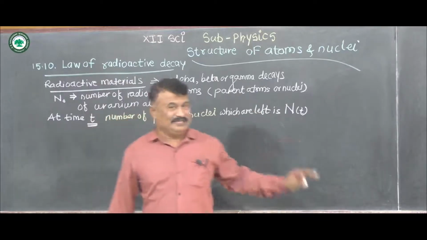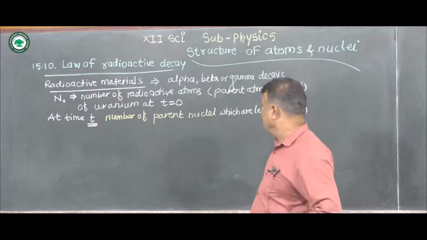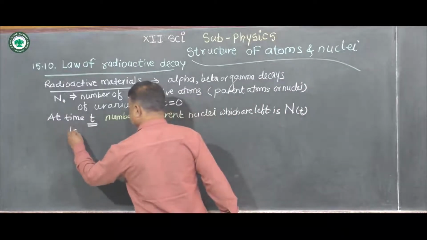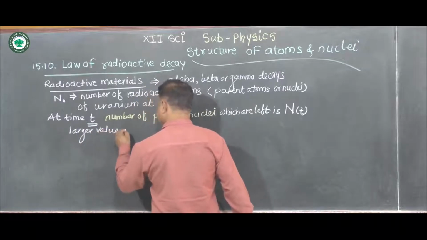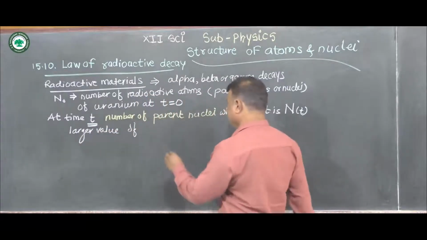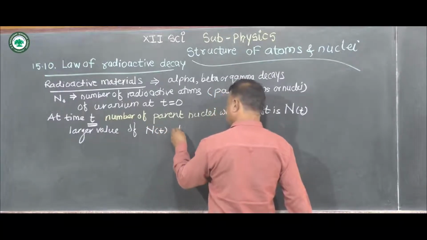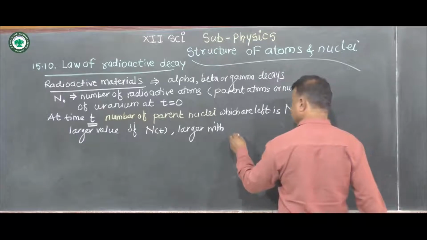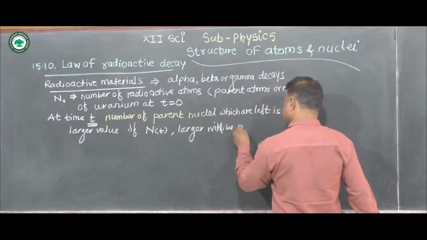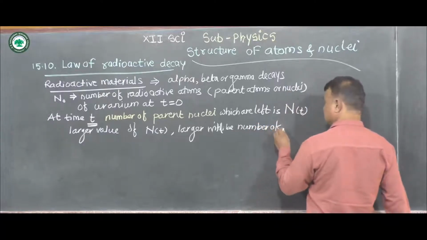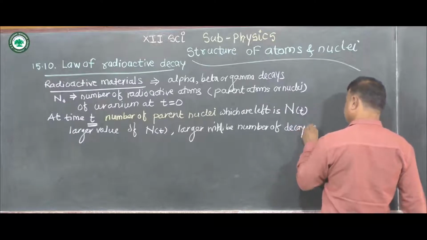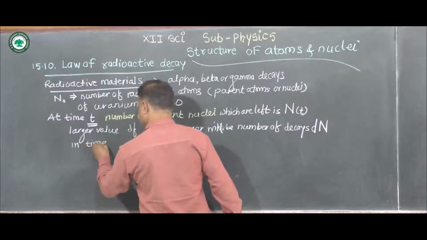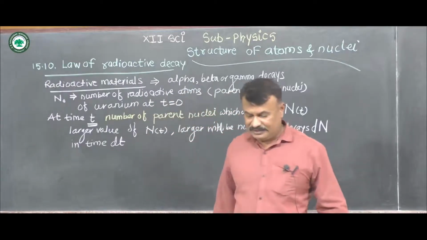Now this Nt depends upon a large number of decays, and therefore we can say that for a larger value of Nt, larger will be the number of decays, which are shown by dN in time dt.